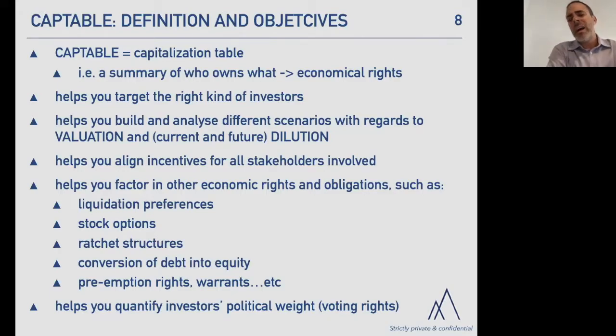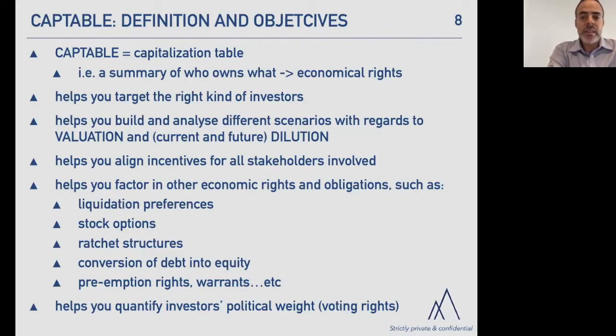Because at some point after several rounds, it gets a bit complicated. It's not as straightforward as, hey, I'm the founder, I own 30%, so I'm going to get 30% of the company, or 30% of the 100 million at exit. Not quite. Ideally, yes, but it's not always the case. So we can discuss that.